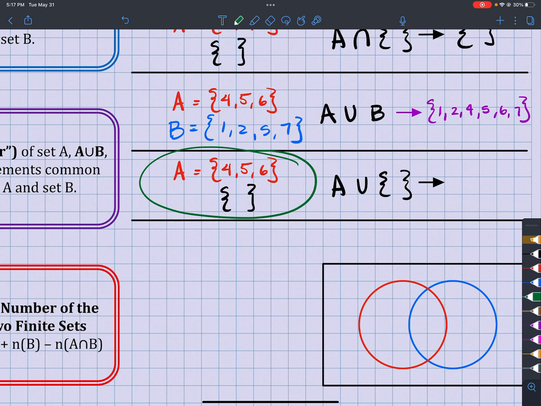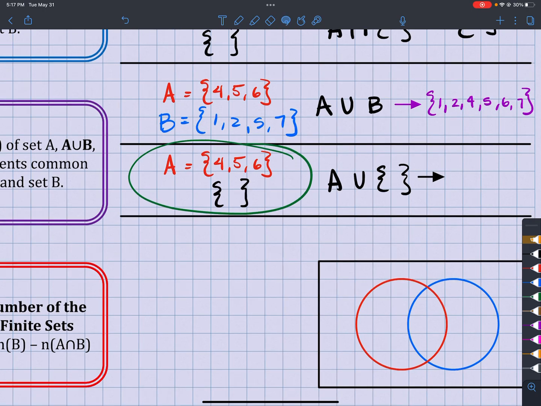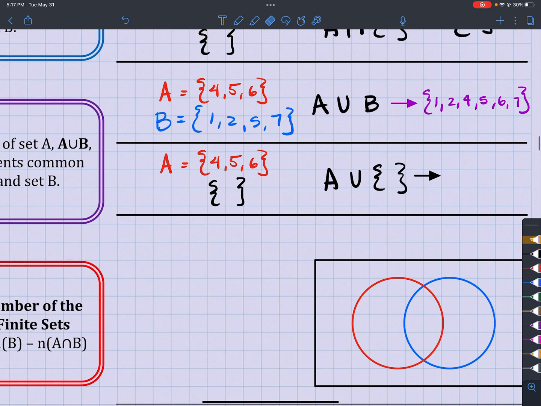So that means this is going to turn out to be just 4, 5, and 6, because we don't need to write the empty set. The empty set is always a subset of a set, and a proper subset of a set, okay? So there we go.